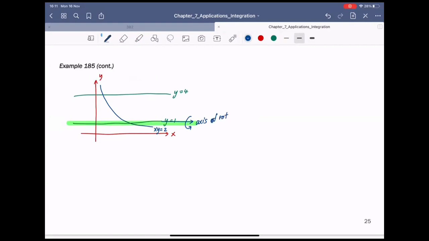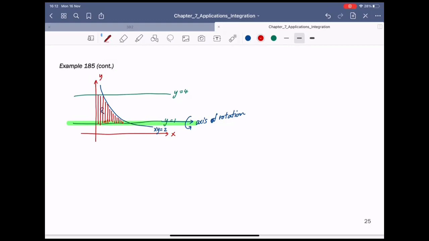Axis of rotation. So what should I do? This is my R. And then you can see the axis of rotation is y equal to 1. So now I need to cut perpendicular to the axis of rotation. So I need to cut the vertical line, right?